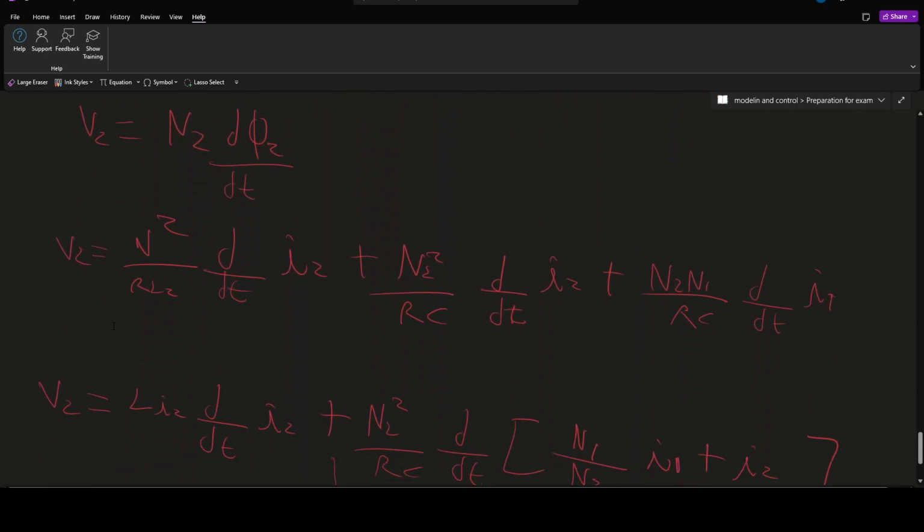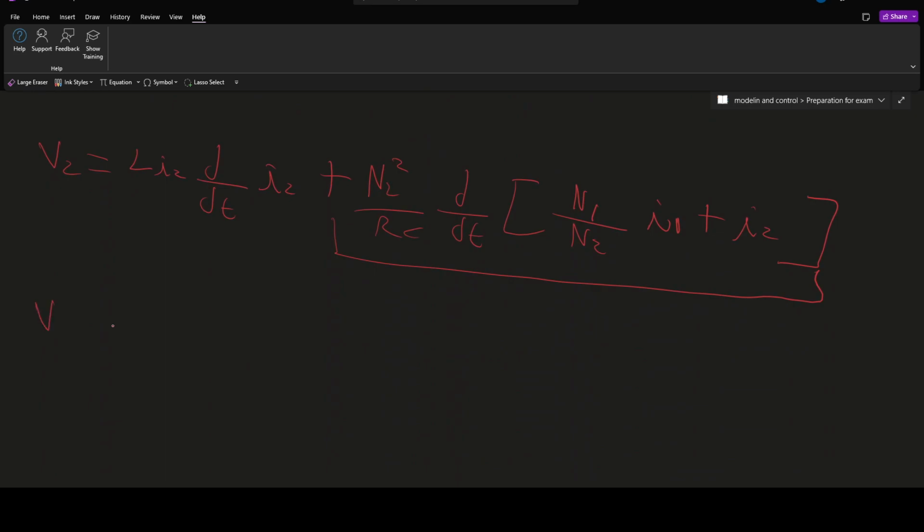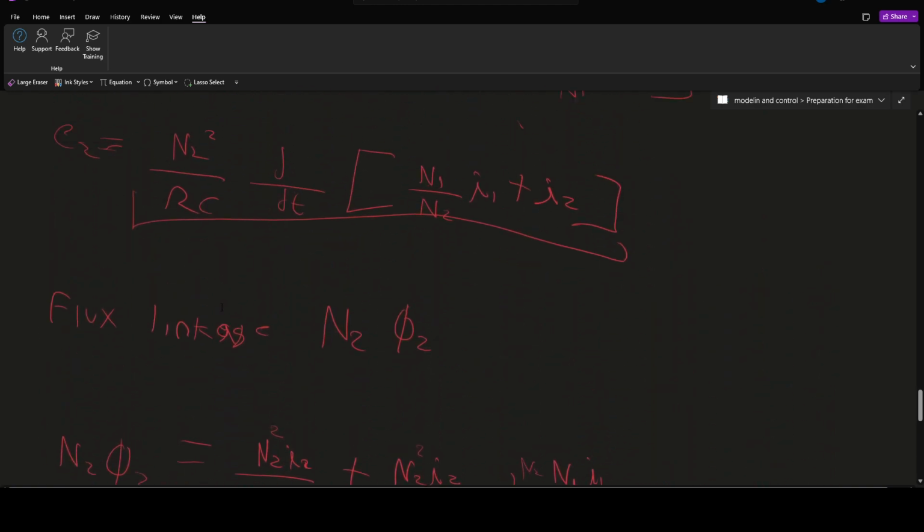So basically, our voltage in the secondary is gonna be our leakage inductance times dI2 over dt plus E2. And like this, we have both. Now we have both voltage equations.